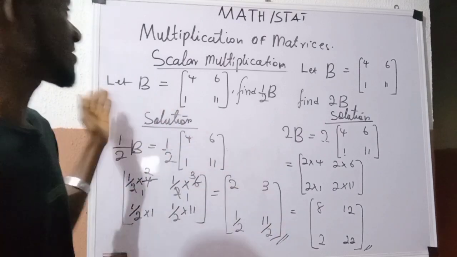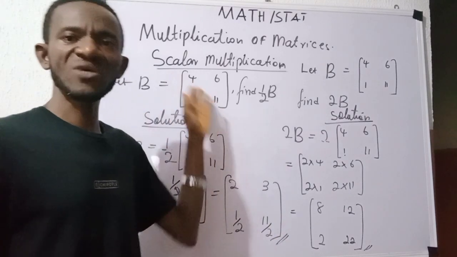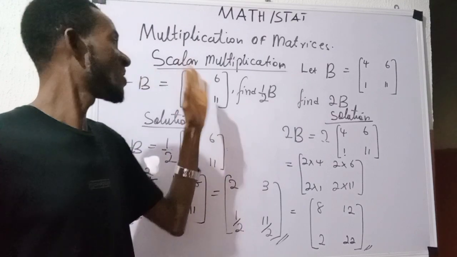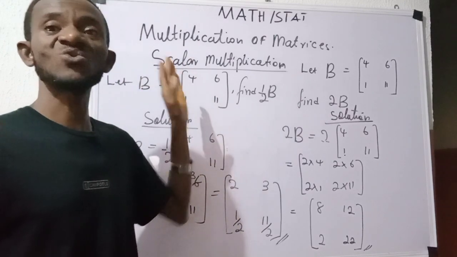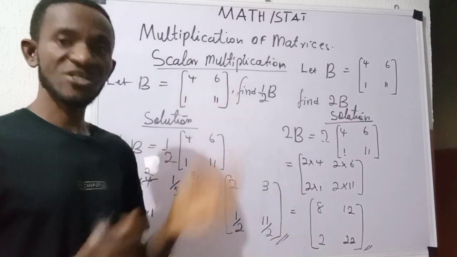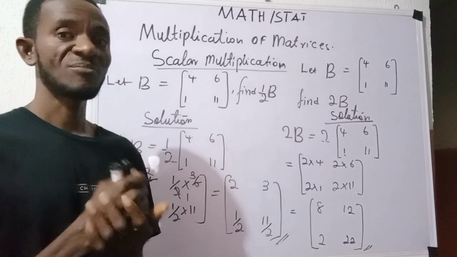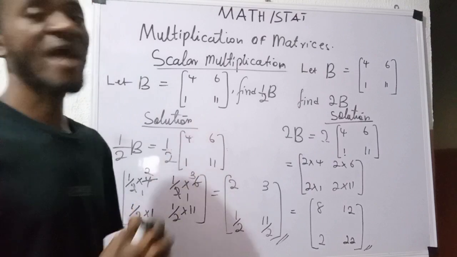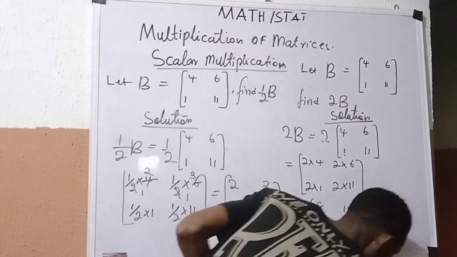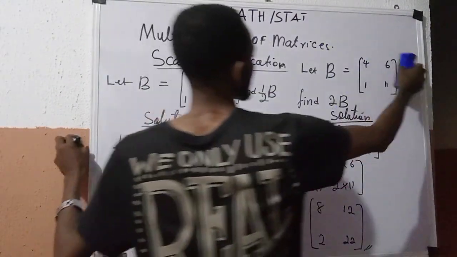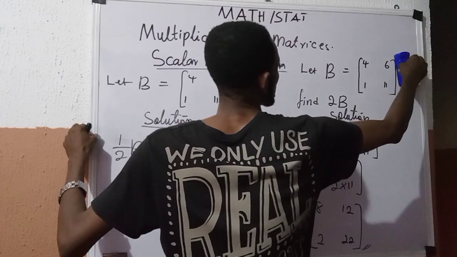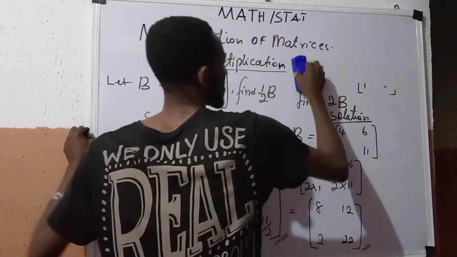Now this can apply to 2 by 2, it can apply to 2 by 3, any dimension of a matrix. Scalar multiplication is possible because you can have something like this. Permit me to click here.